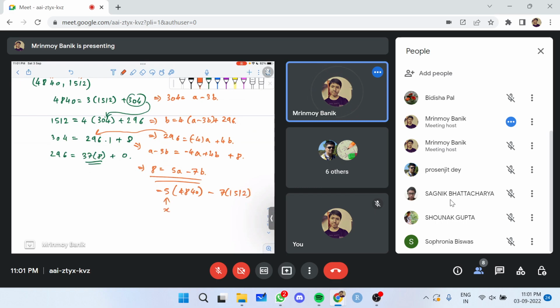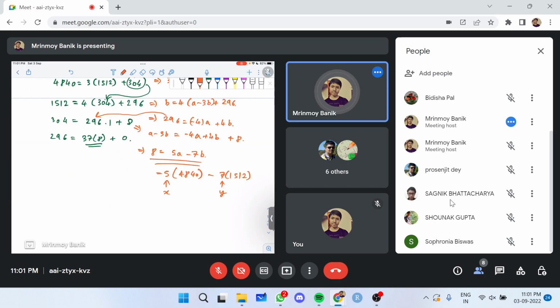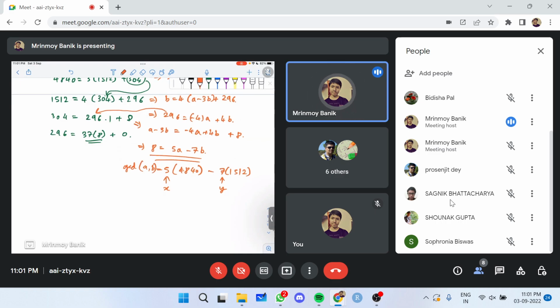So x is 5 and y is minus 7. So we found the coefficients for Bézout's formula, right? So we expressed the GCD of A and B as a linear combination of them.